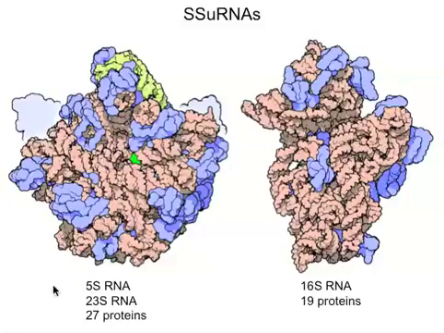So the 23S RNA is obviously much bigger than the 5S RNA, but the small subunit is the one that we're using. 16S RNA is the RNA that the tree of life that I just showed you is based upon, and then of course 19 proteins associated with the small subunit. So you can see very complicated structure assembled to do what would seem like a deceptively simple chemical task, formation of a peptide bond.